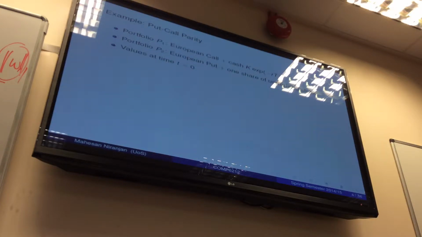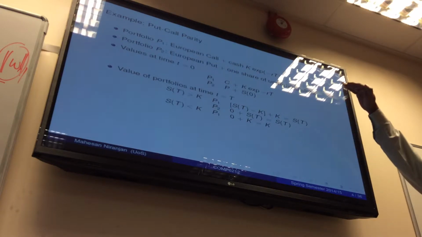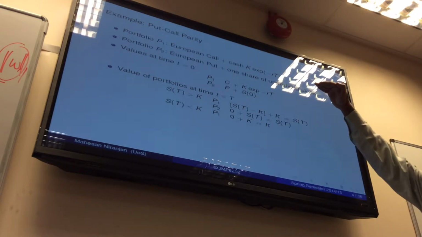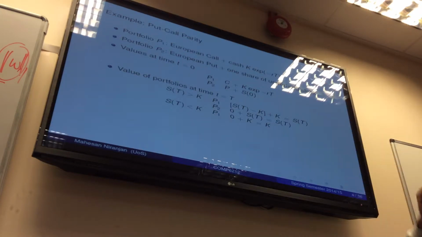So this is one of the cool things we learned about the use of this no arbitrage constraint: the put-call parity. We looked at this last week. Suppose we had two portfolios. One consists of a call option and a certain amount of cash.